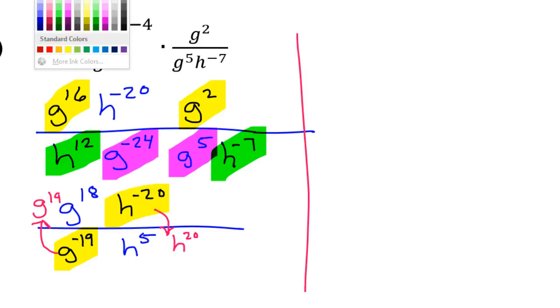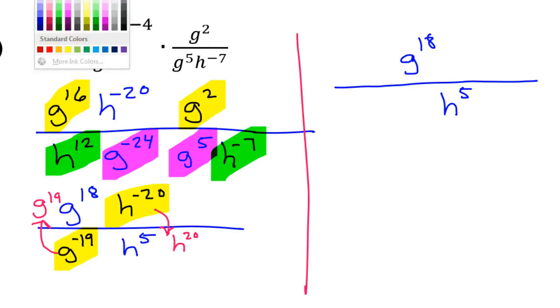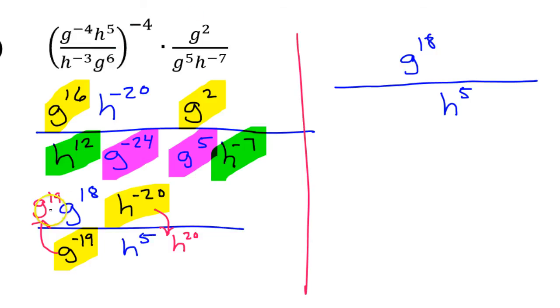So again, my g to the 18th power didn't move, and my h to the 5th power did not move. But now I have a g to the 19th power that's up here, and I have an h to the 20th power that's down here.